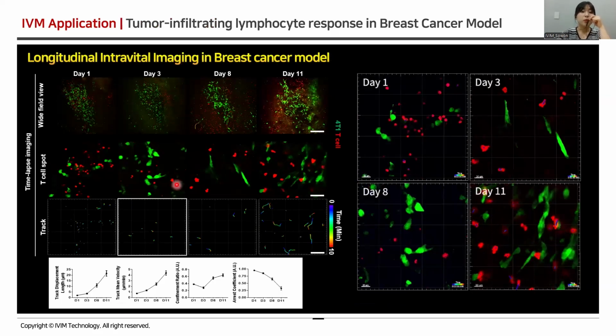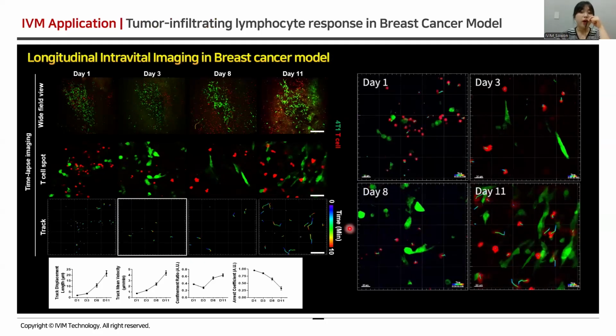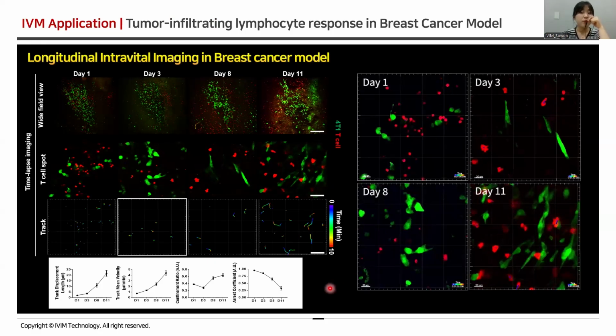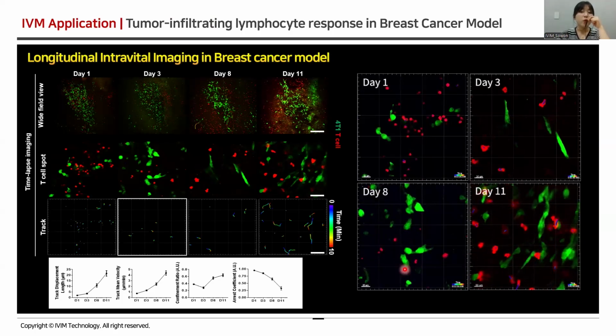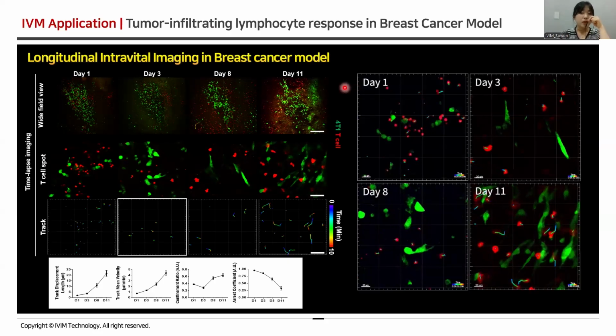The next experiment I'd like to introduce focuses on evaluating the degree of TIL, or tumor infiltrating lymphocytes, infiltration across 3 different breast cancer models. The first case was based on an allograft model where 4T1 cancer cells were implanted.